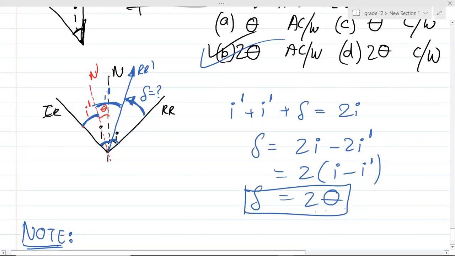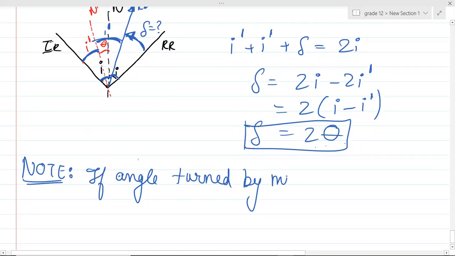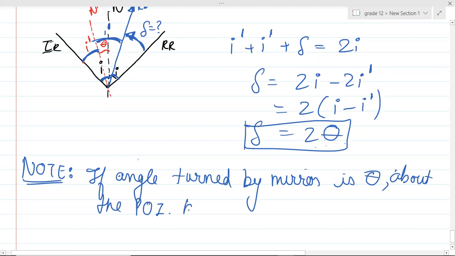Chalo. So please write a note. These questions are basically based on rotation of mirrors, right? So please remember, if the angle turned by a mirror is theta about the point of incidence, keeping the incident ray fixed.